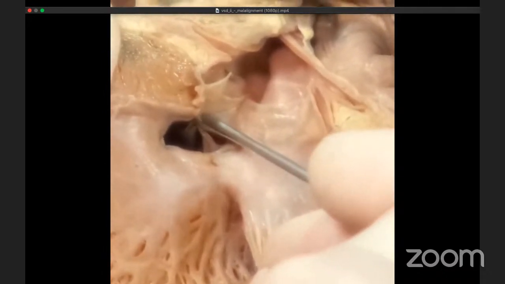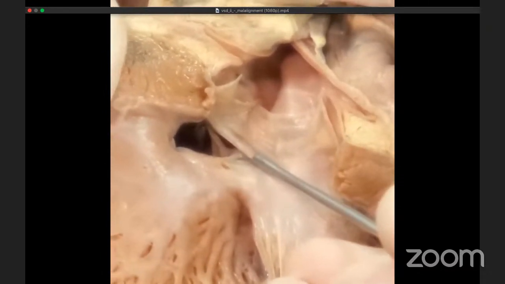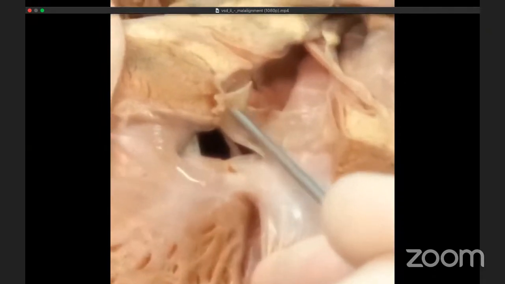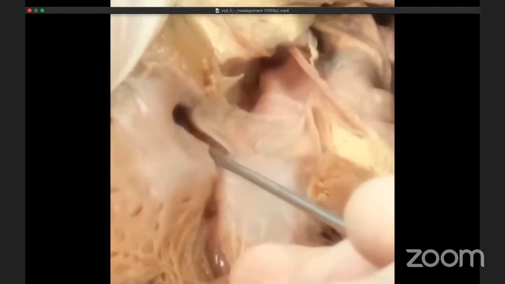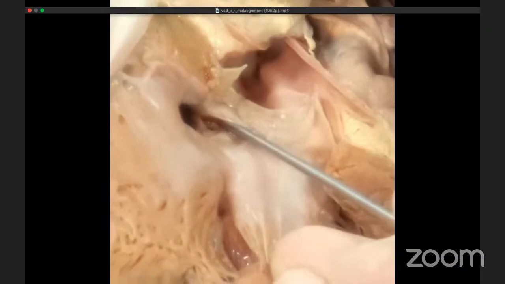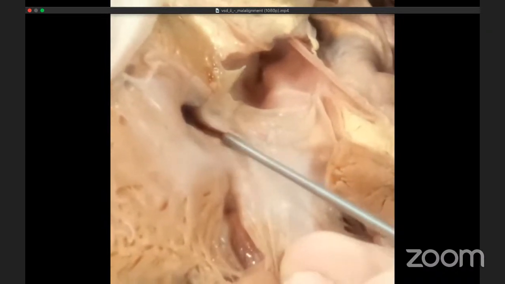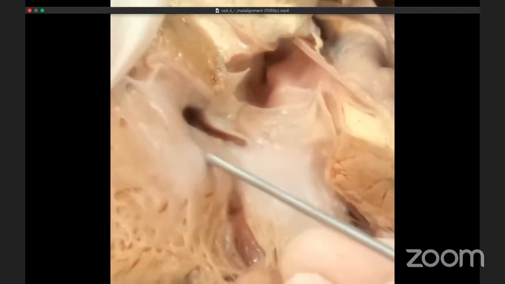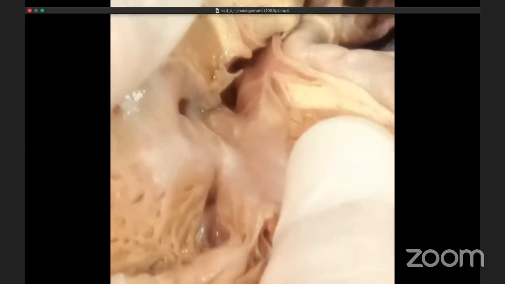That's left us with this fibrous raphe, fibrous cord there, separating and deviated into the subaortic outflow tract. So there is some rotation of this structure with respect to the crest of the ventricular septum, and again that can lead to some narrowing of the subaortic outflow tract.